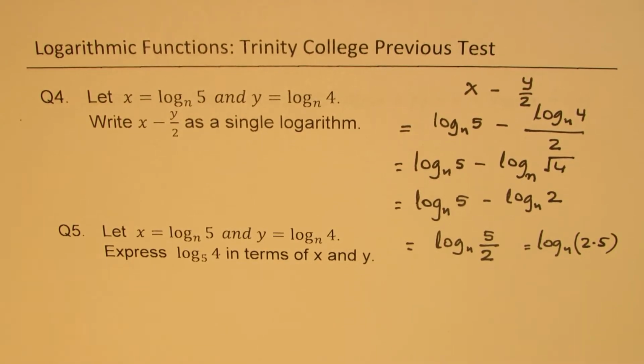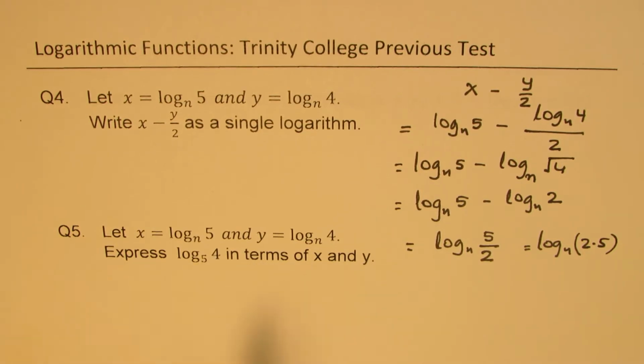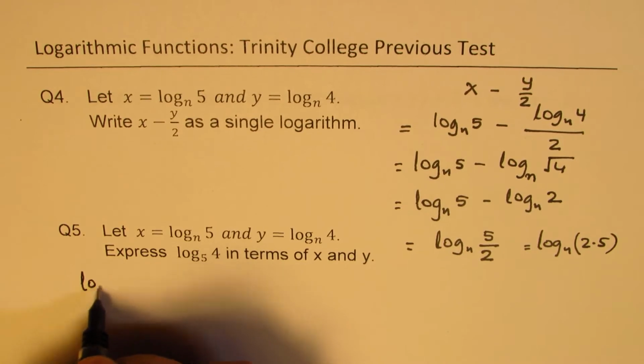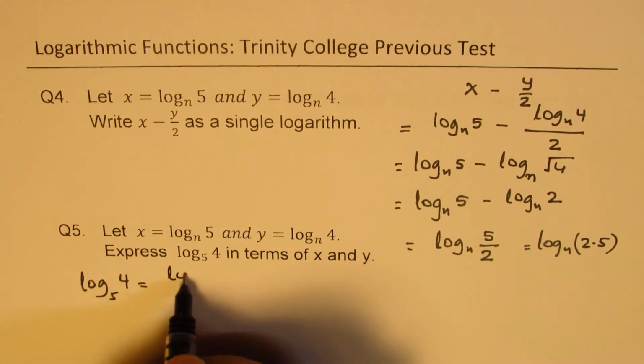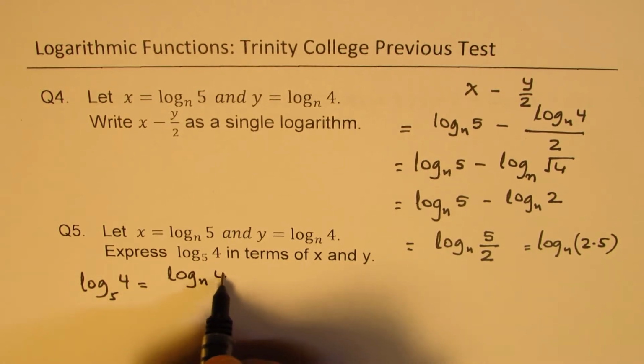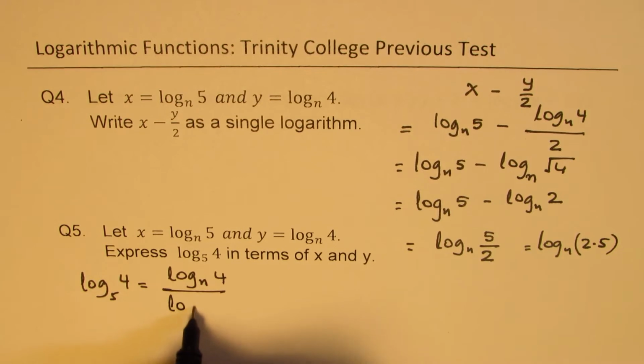Question number 5. Let x be log to the base n of 5 and y be log to the base n of 4. Express log to the base 5 of 4 in terms of x and y. So log to the base 5 of 4, we could change the base to n, and we could write this as log to the base n of 4 divided by log to the base n of 5, right?